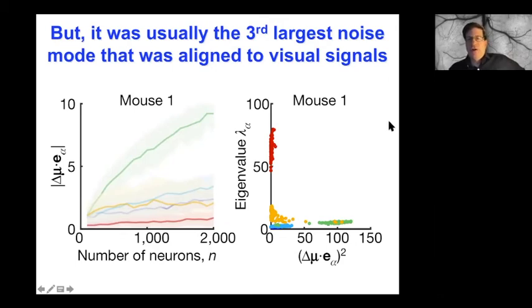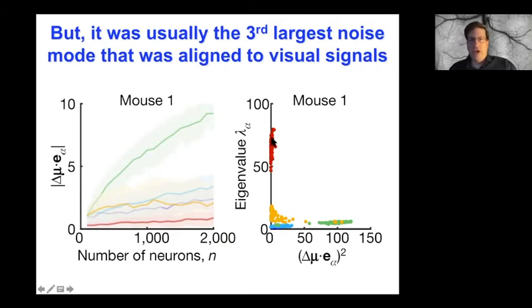And that is because, as I showed very early on in the talk, it is only noise in the tuning direction that actually matters in terms of determining our ability to discriminate the stimuli, that is actually information limiting, as it's called. So here you can see, for example, that in mouse 1, this first noise eigenvalue is much larger.